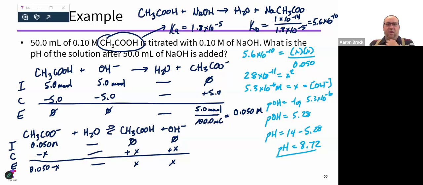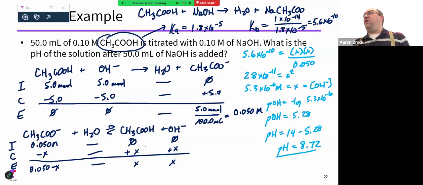All right. So this is an example of a single question that you could be asked about equilibrium, about a titration curve. And it always starts up here, doing this stoichiometry, doing this modified ice table to figure out where you are. Once you figure out where you are in the titration, then you can adjust from there.